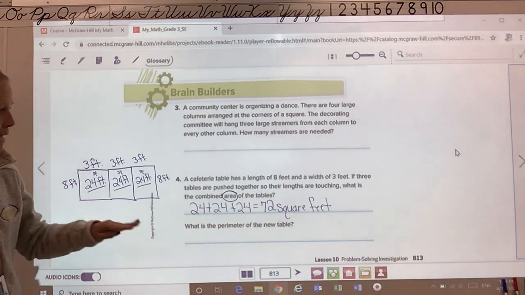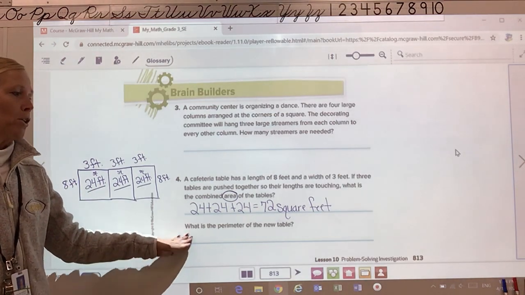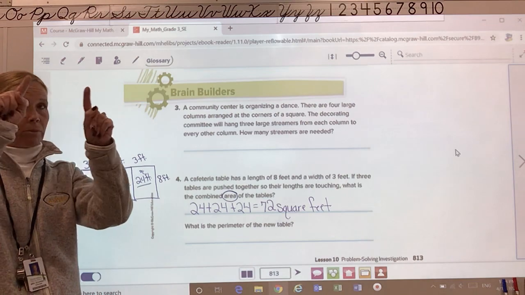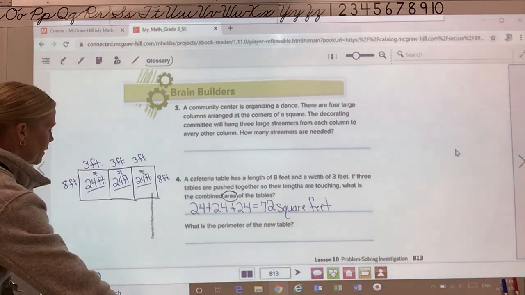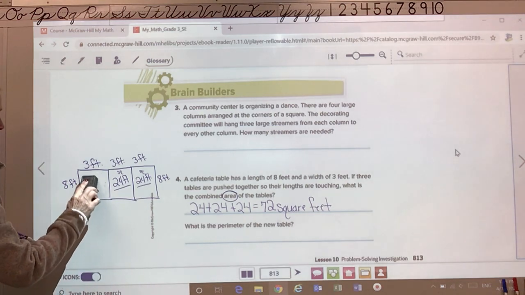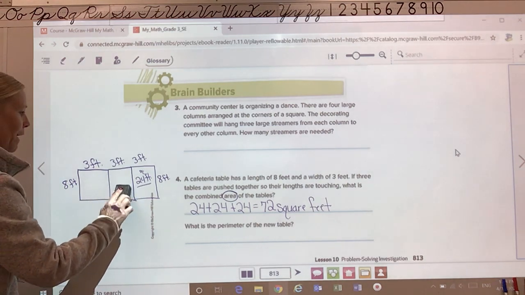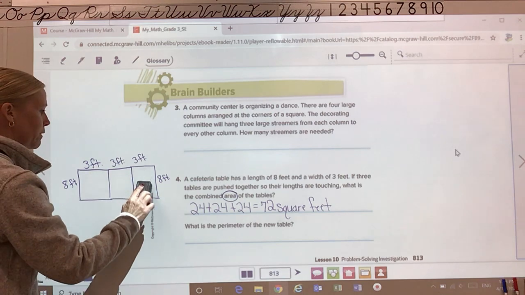Okay, let's look at the second part. What is the perimeter of the new table? Again, remember perimeter's the outside of the shape. So if we look, we're done with the area, so I'm going to go ahead and just erase that so we're not thinking about that part while we're looking at the perimeter.